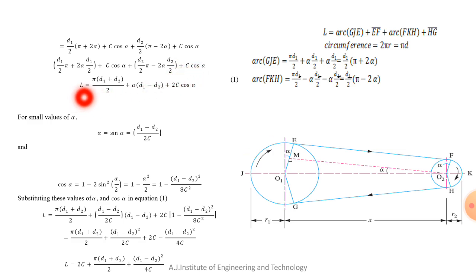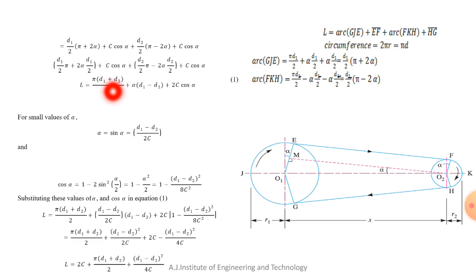So L can be written as pi into d1 plus d2 divided by 2, because 2 alpha will cancel, plus alpha into d1 minus, sorry, this will not cancel here. So d1, take this first term and this term common outside, so that pi by 2 is common, take outside.